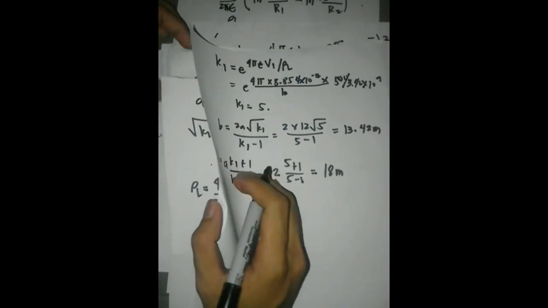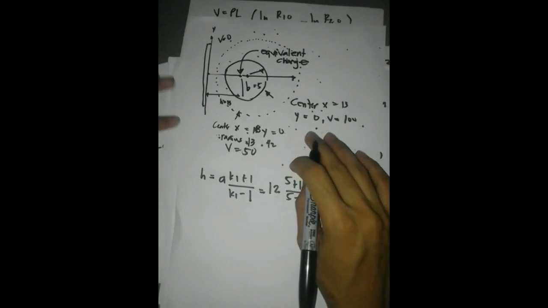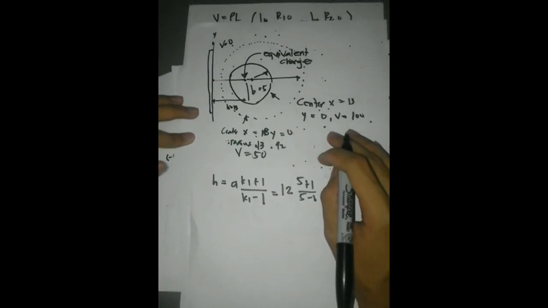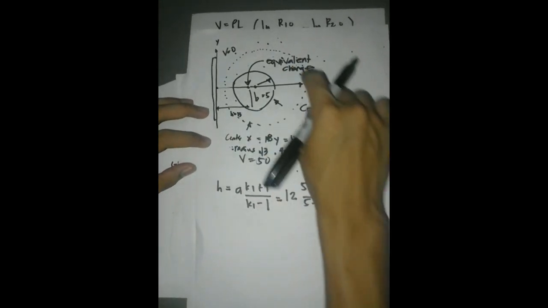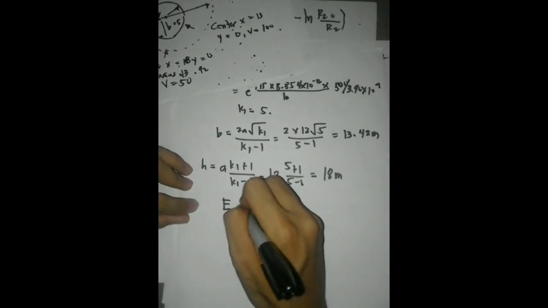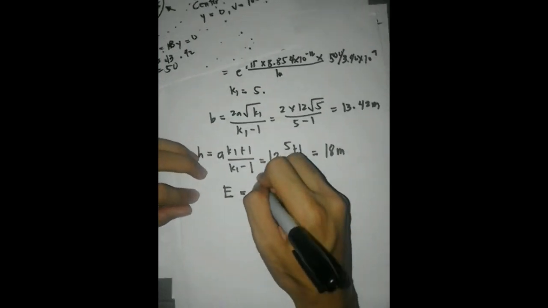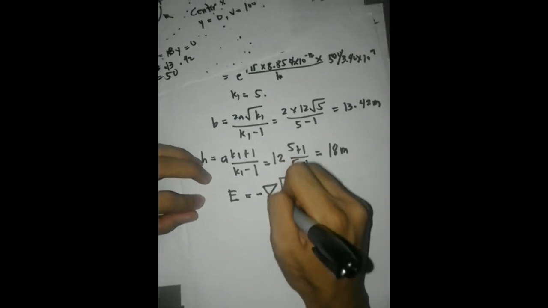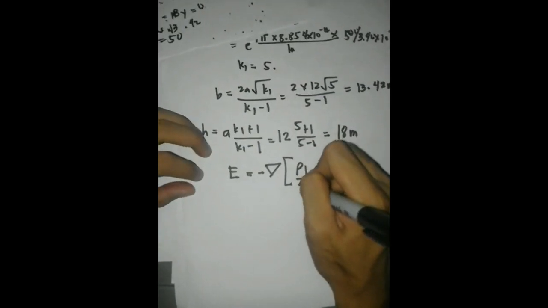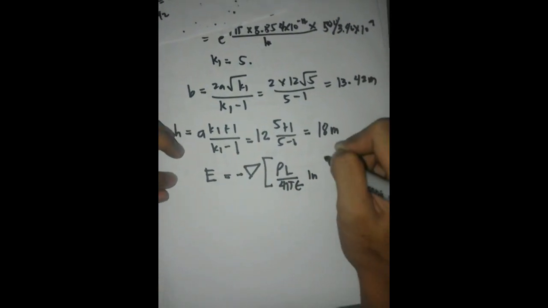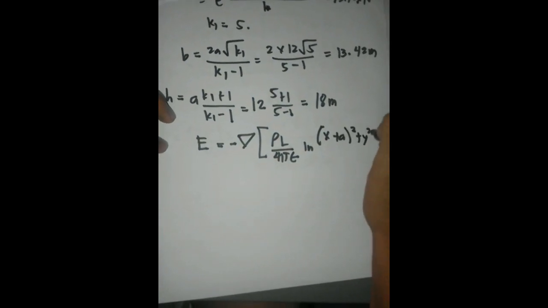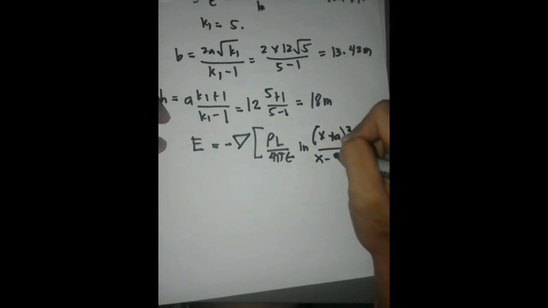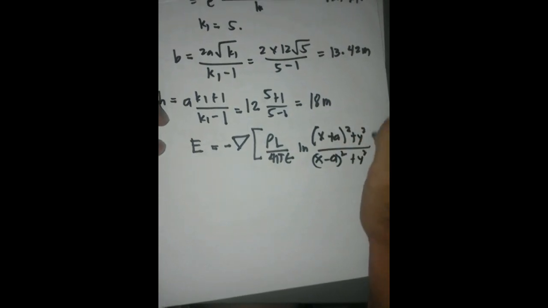In this figure, the electric field intensity can be found by taking the gradient of the potential field given by V equal to rho L over 4 pi epsilon ln of x plus a squared plus y squared over x minus a squared plus y squared.